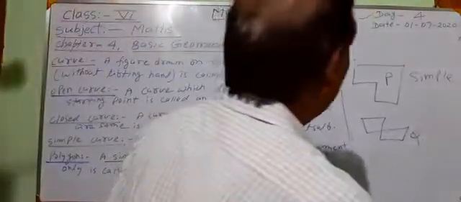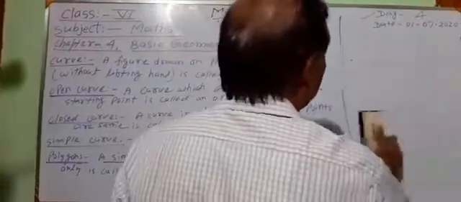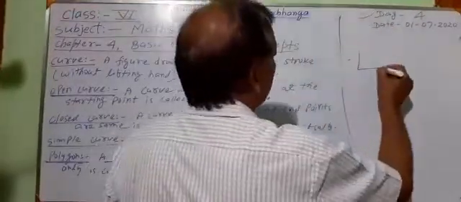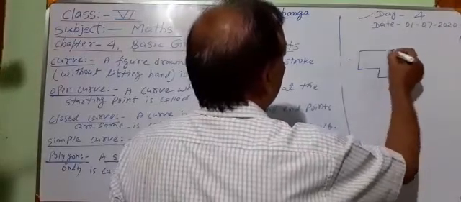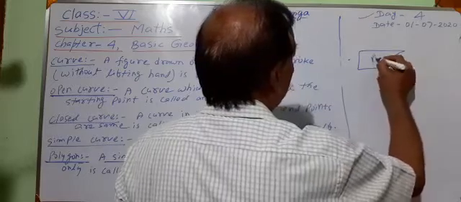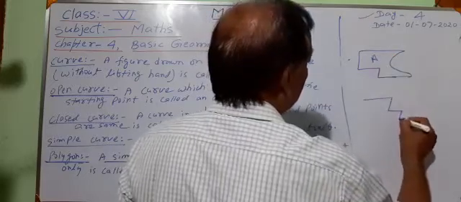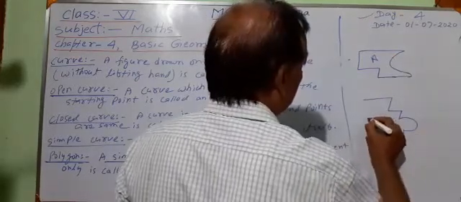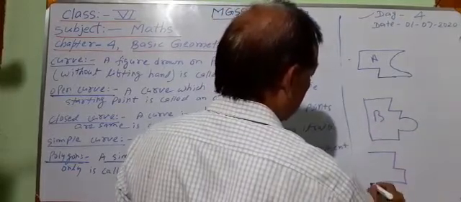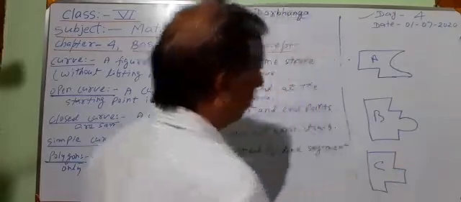Now, which is a polygon? Now you have to decide which curve is a polygon and which is not a polygon. This is figure A. This is figure B. And this is figure C. Which is a polygon and which is not?